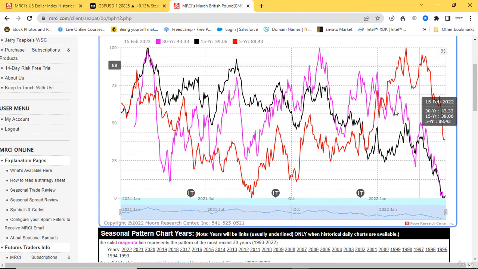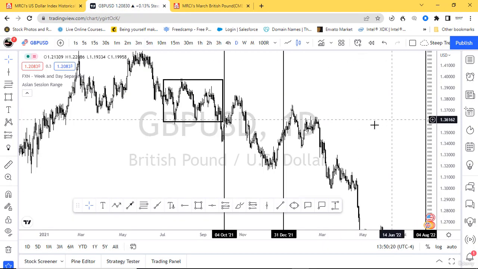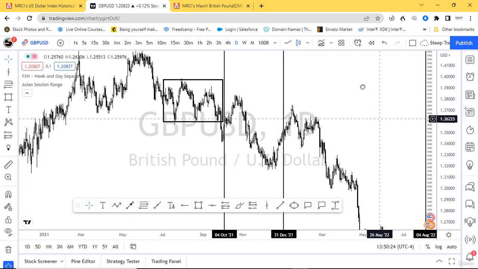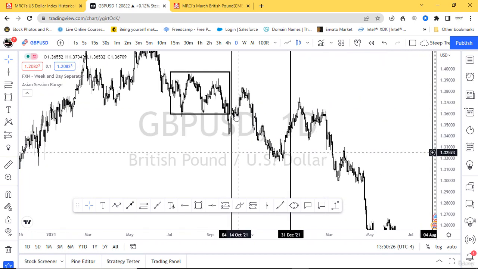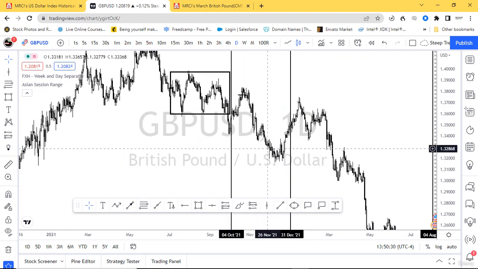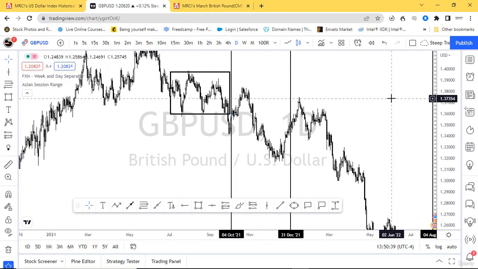Okay? So these seasonal tendencies, if you want to set something up on the high probability end and you're looking for a directional bias, you can set it up on the high end there, and then look for the strategy on how to actually execute.